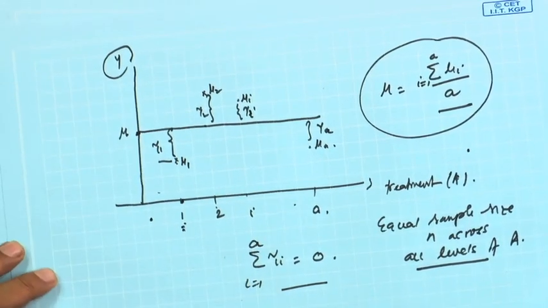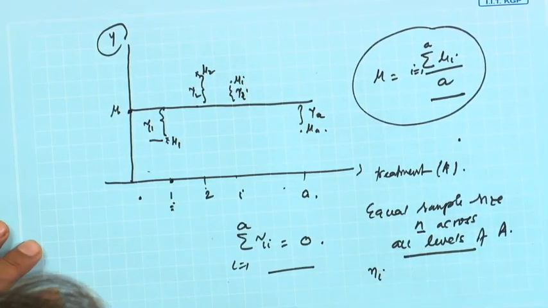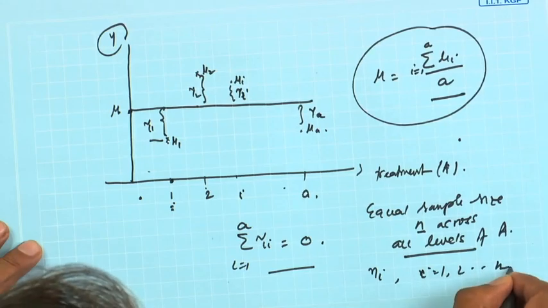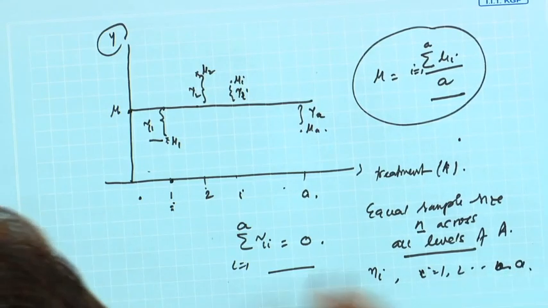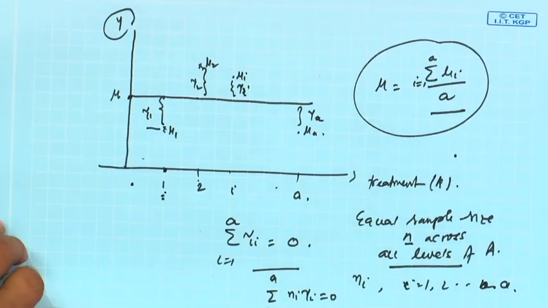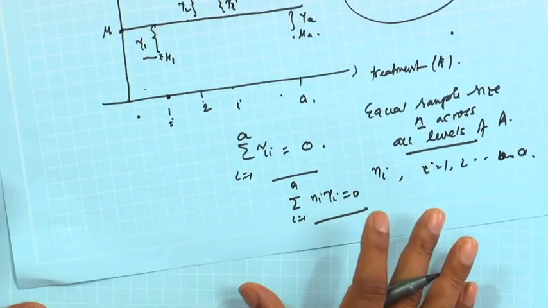Otherwise, what will happen? If the sample size varies, the sample size is n i, i equal to 1 to a, then the sum over i equal to 1 to a of n i tau i will become 0. Okay. So, this is the restriction, and this helps us in doing many things.